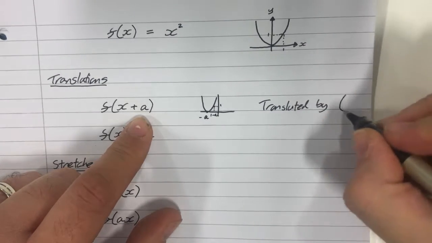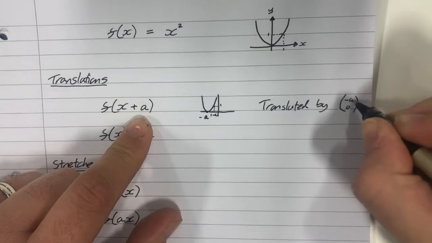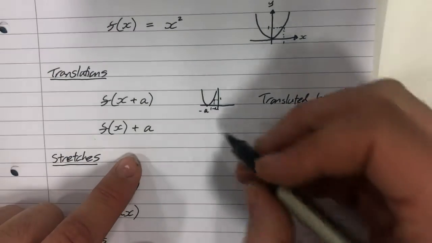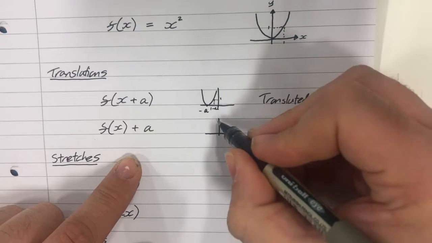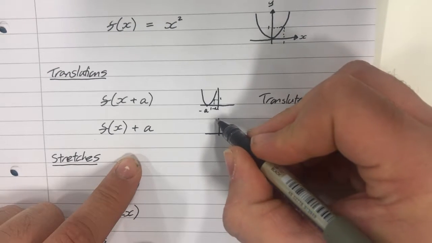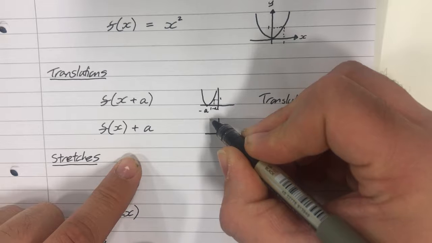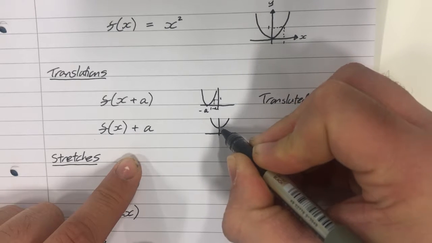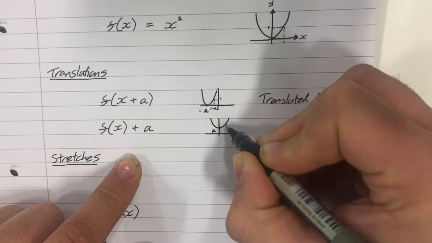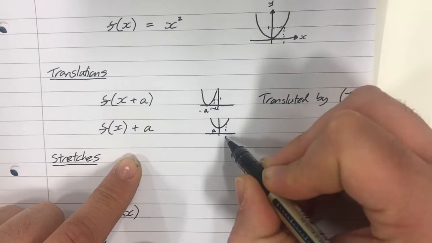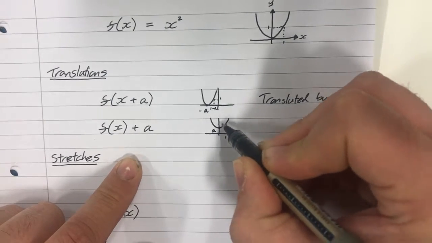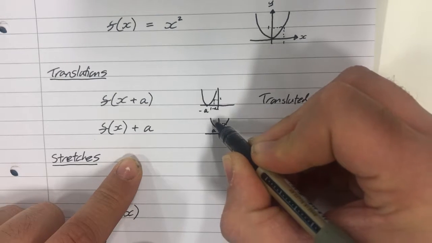So this is translated by minus a, 0. This one here, however, doesn't translate it by minus a in the y direction, it actually translates it by a in the y direction. So it's going to move up. This point here is now a, and the point that was 1, 1 is still going to be 1 in the x direction because nothing's changed, but it's now going to be up here at a plus 1.